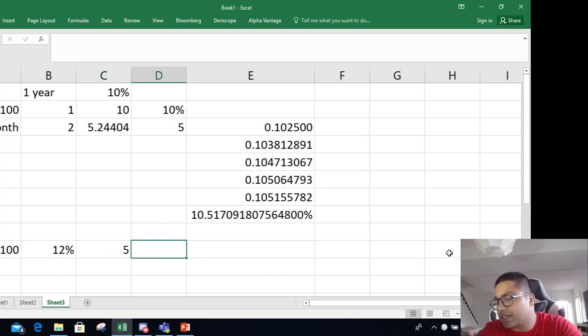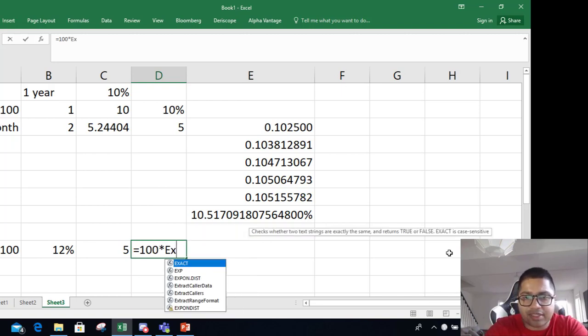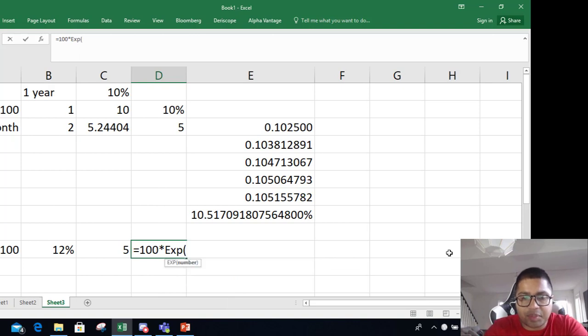So it will be 100 principal multiplied by exponential e to the power 12% into n, which is 5.